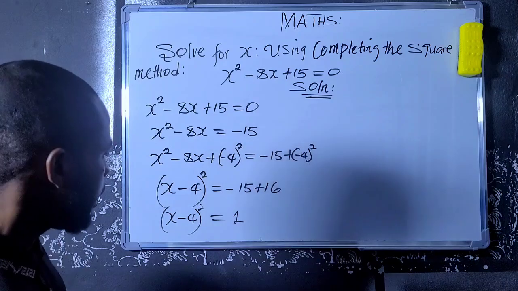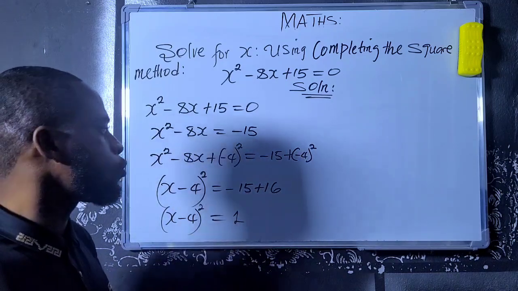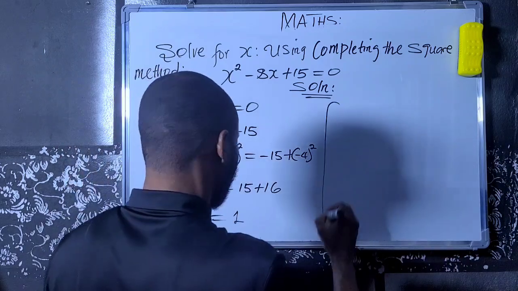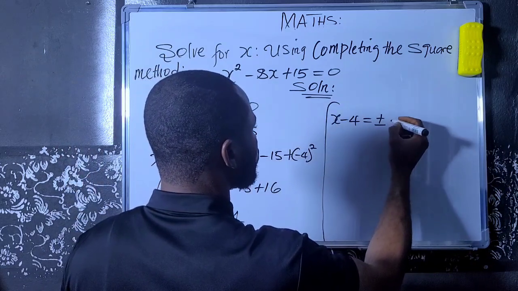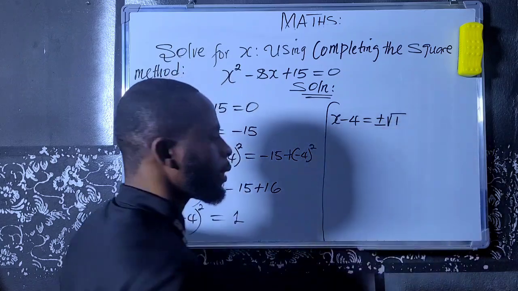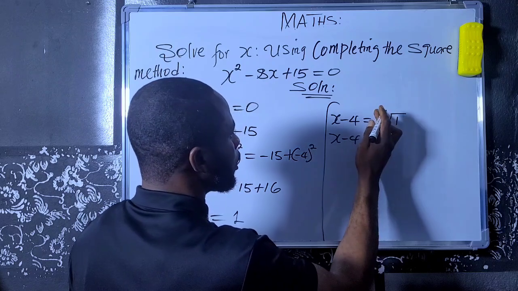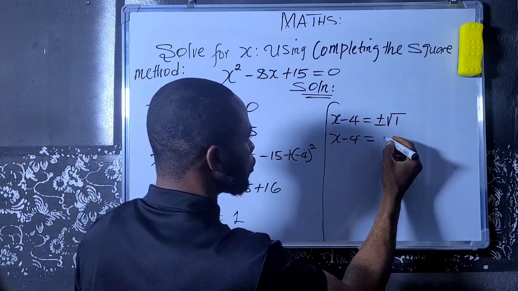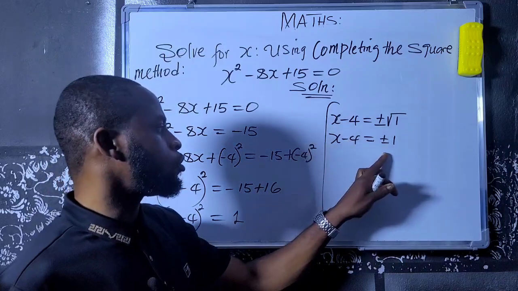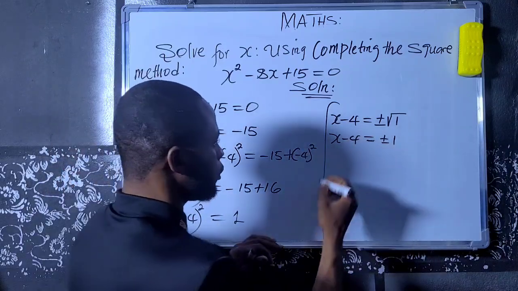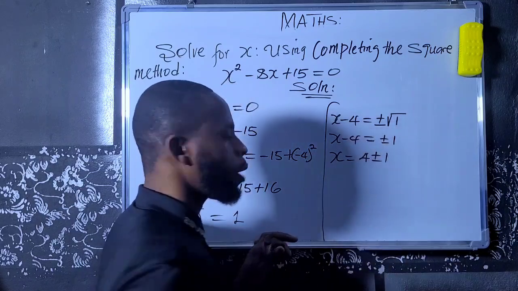The next step is to take the square root of both sides of the equation, and we have x minus 4 equals plus or minus the square root of 1, which gives us plus or minus 1. The next step is to collect like terms, and we have x equals 4 plus or minus 1.